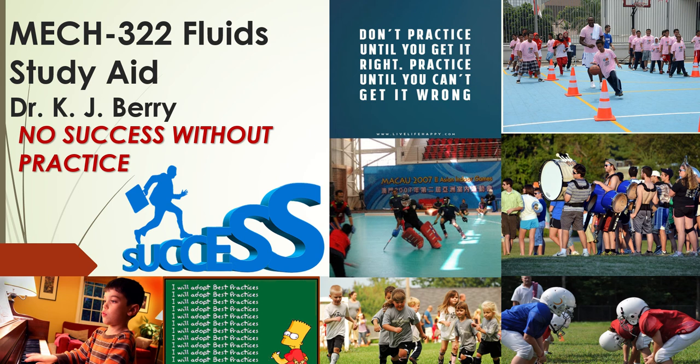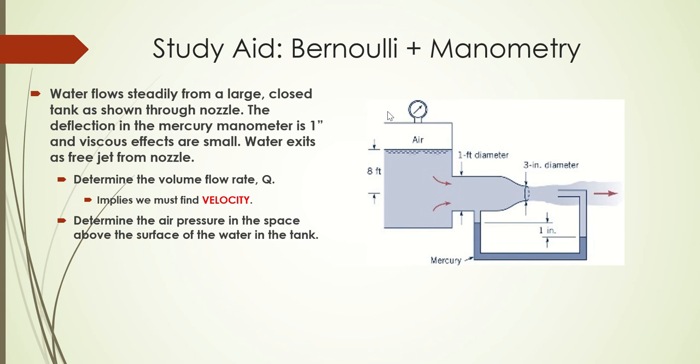So this first problem that I want to talk about is one involving Bernoulli's equations and manometry. We have water flowing from a pressurized tank and through a nozzle, and there's a constriction here. It's exiting from that nozzle, and it enters into a manometer here.